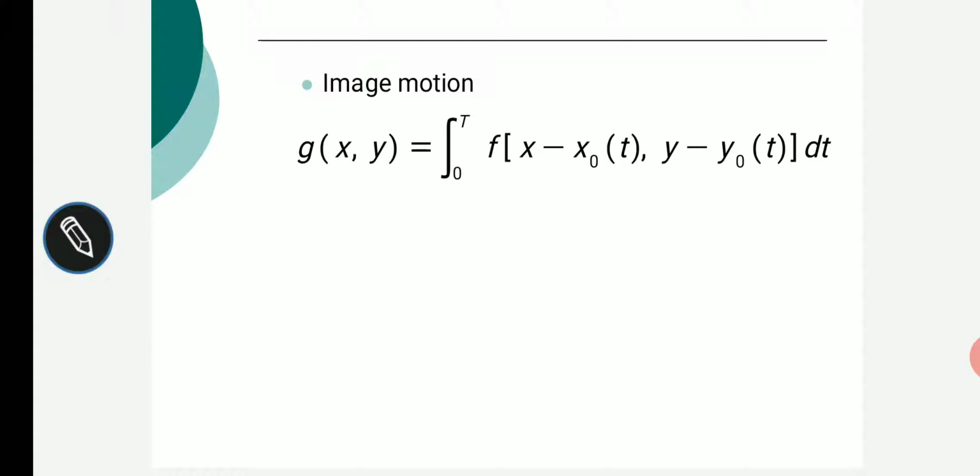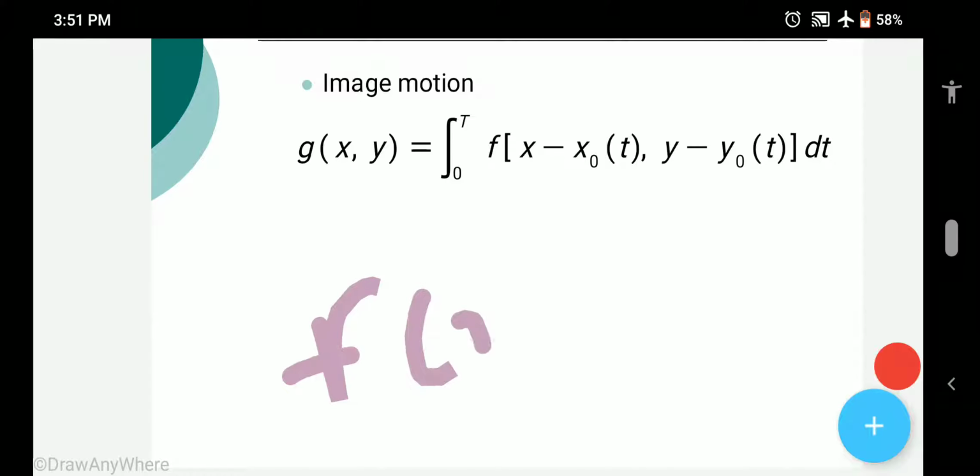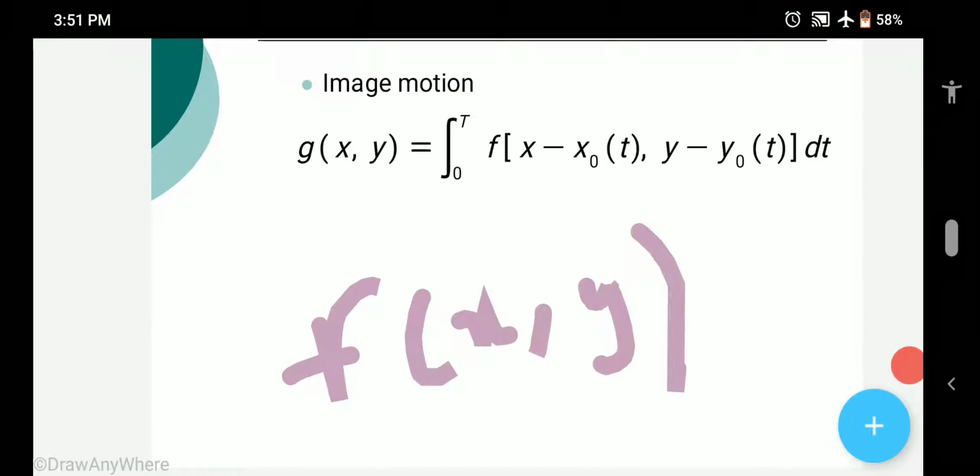Let us assume that the image is represented by f of x comma y, undergoing planar motion, and that x naught of t and y naught of t are the time varying components of the motion in the x and y directions respectively.